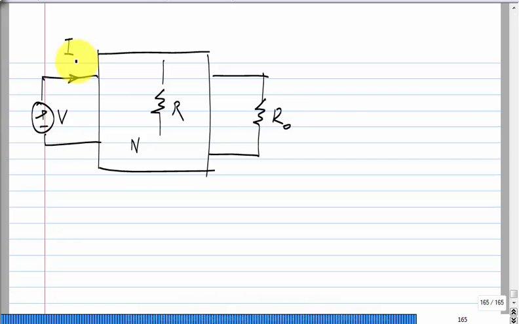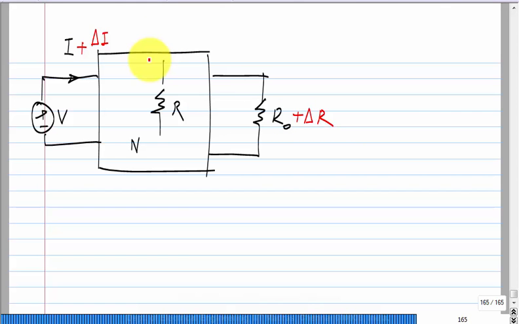Now the question I want to ask is, so let's say this particular element changes by a certain amount, delta R. Okay. You expect that this current will change, right? Something has changed in the circuit, so you expect some current to change. Okay. Now, can you tell me how much delta I is? Of course, you can go and reanalyze the whole network, but could you do it in a different way?